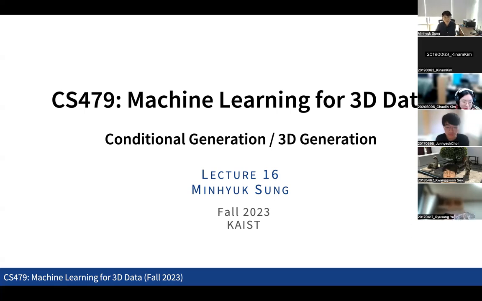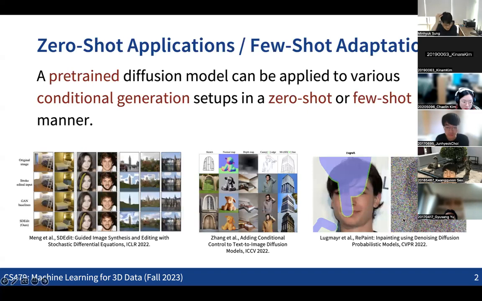The good thing about diffusion models, especially compared to GANs and VAEs, is that they can be used in many other applications. Not only for pure generation, but also for conditional generative setups, like making images from usual sketches, and filling missing regions in given images.